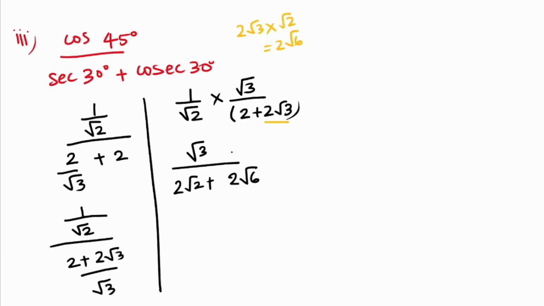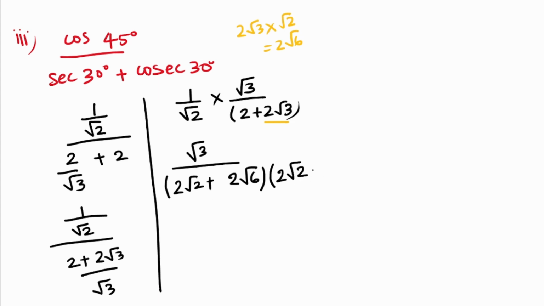We cannot write this fraction like this, right? We have to rationalize the denominator. So we have irrational numbers in the denominator. We have to rationalize this. For that, we have to take the conjugate, that is 2 root 2. We have the positive sign over here.